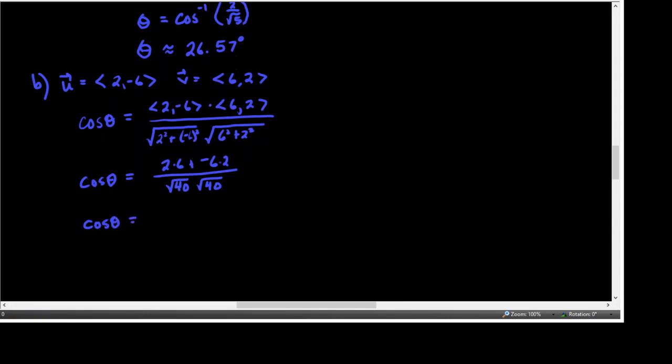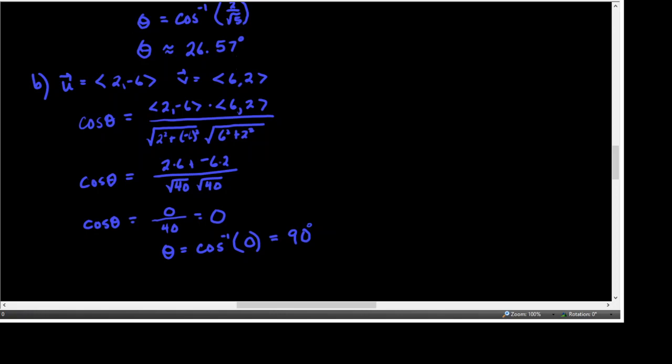And 12 plus -12 is 0. Square root of 40 times square root of 40 is 40. Of course, 0 divided by 40 is 0. So theta is cosine inverse of 0. And that is pi over 2, which in degrees is 90 degrees.